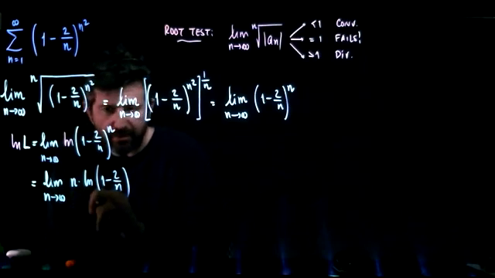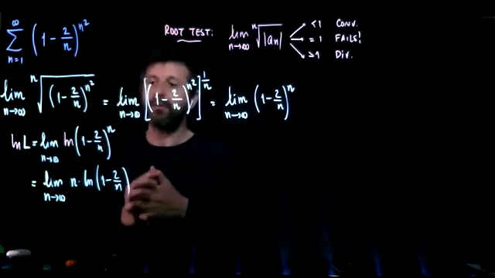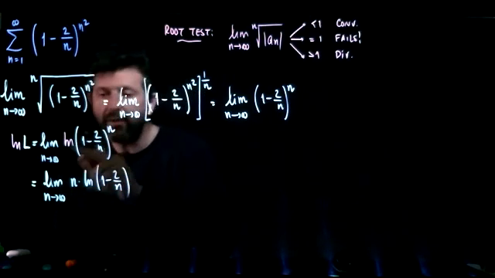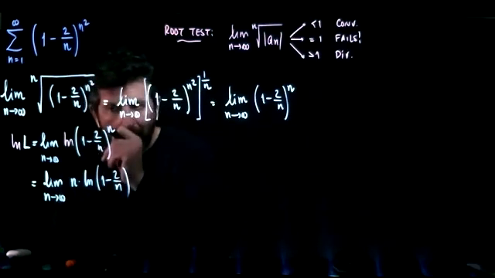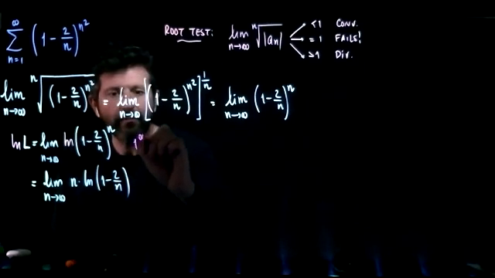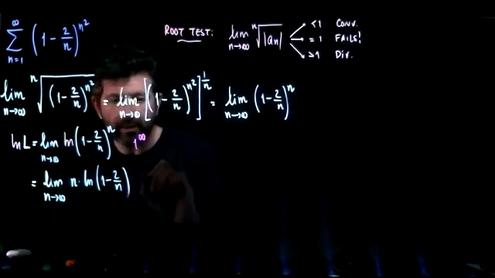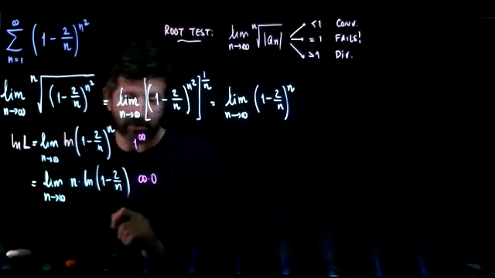So I have infinity times 0. Okay, so the indeterminate form I had was 1 to the power infinity. Now I changed it into infinity times 0, right?